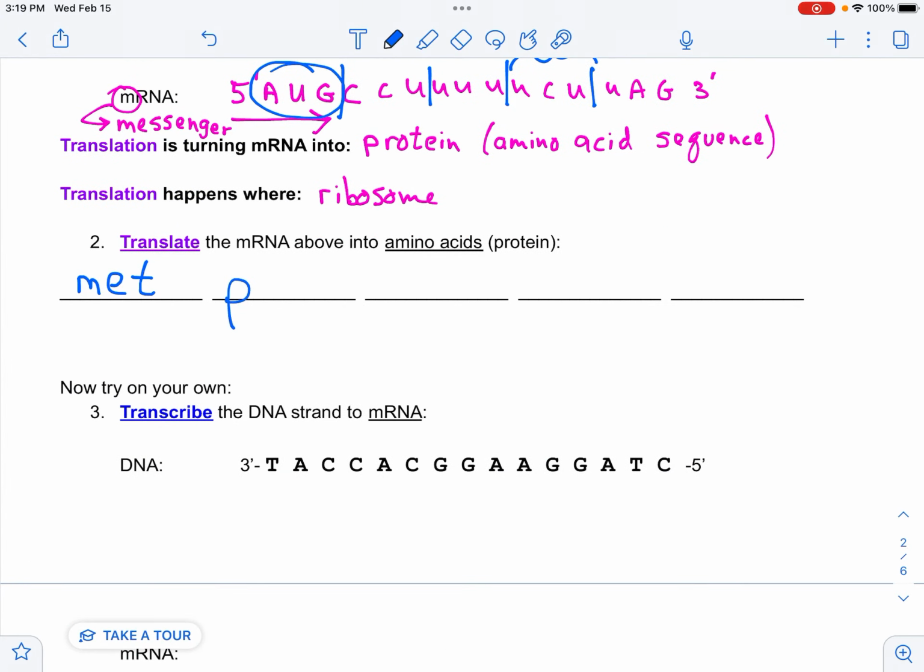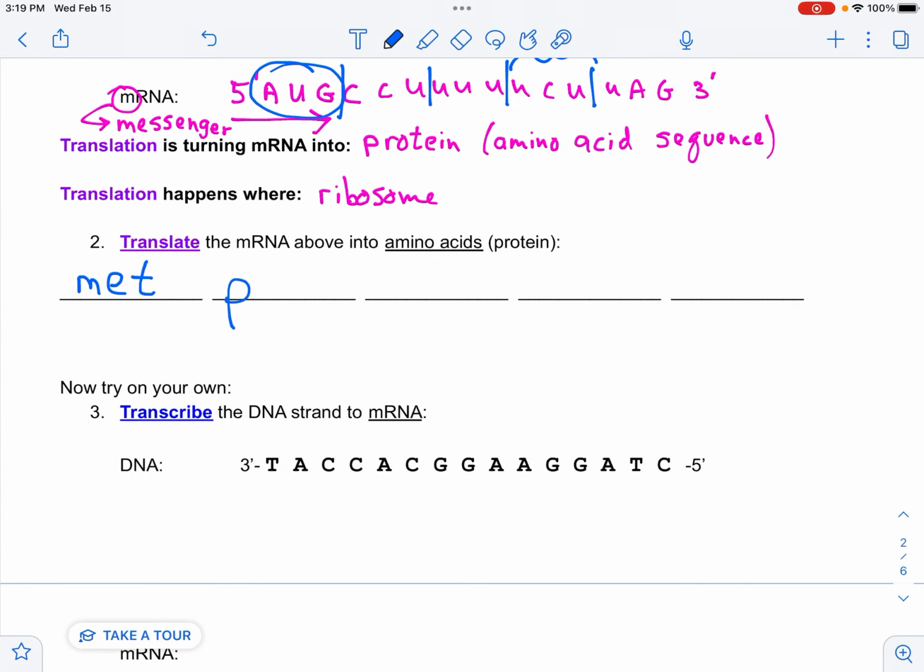UCU, serine, SER, and UAG. UAG, what does that mean? Stop, okay? So that means that's actually not an amino acid. Stop means stop. So that means it's done.